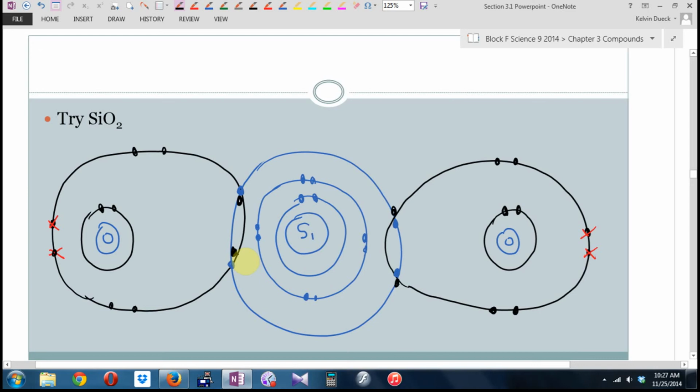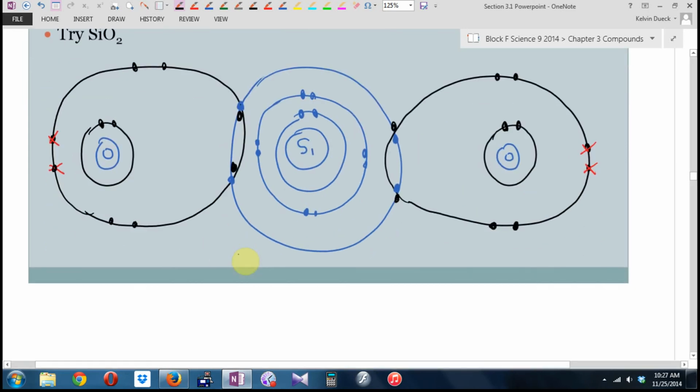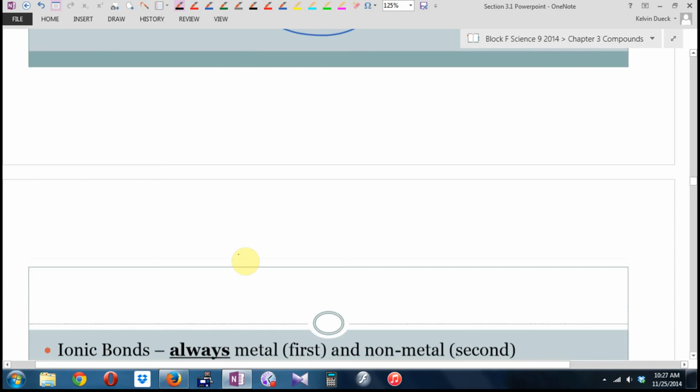This is a model. In real life, it doesn't look like this either. But this at least lets us see how it's possible for all the electrons to be shared and get a full valence shell. Is that okay? Those are covalent bonds. Turn the page.